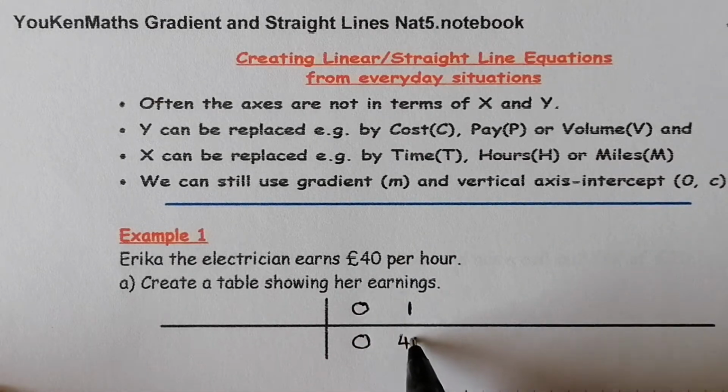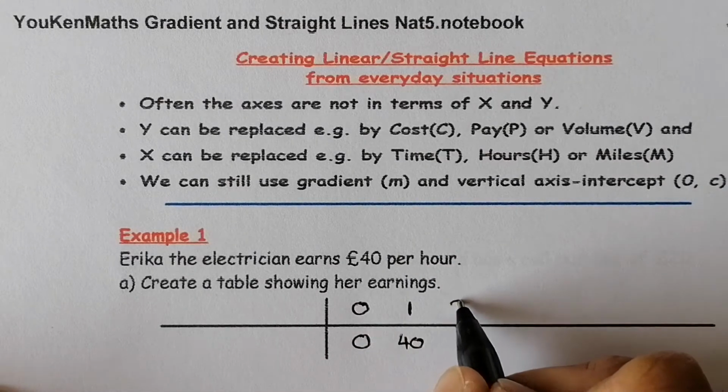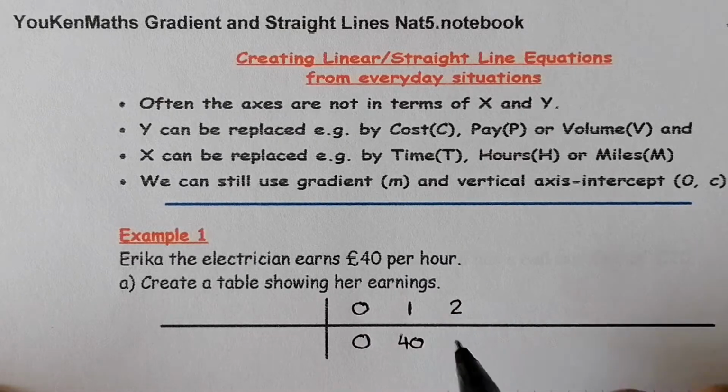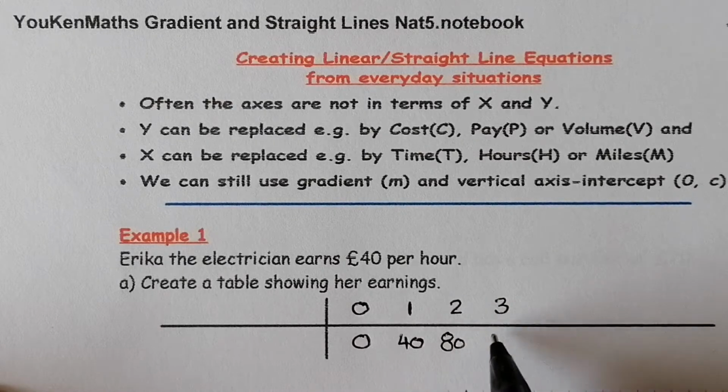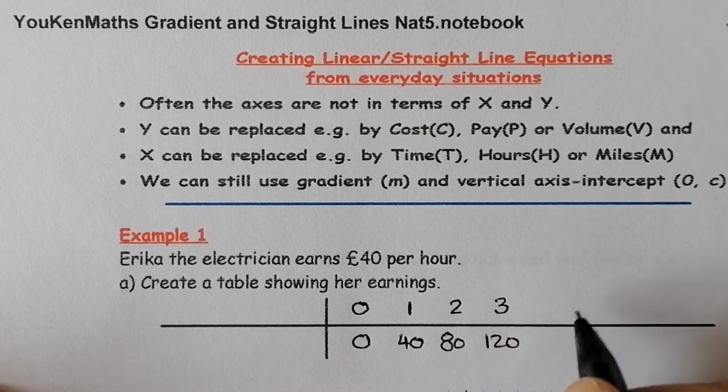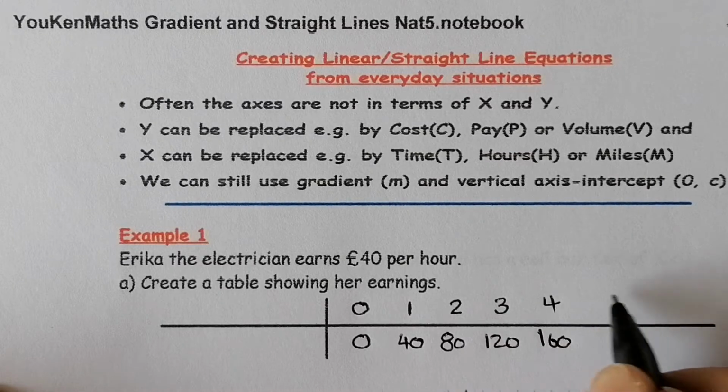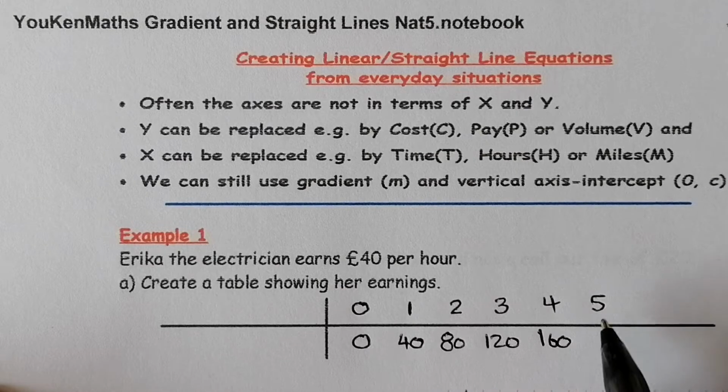If she works for 2 hours, I would expect she would earn another £40, so that would give us 80. For 3 hours, another £40 gives us 120. 4 hours, another 40, up to 160, and then maybe 5 hours, we'll stop there. 5 hours would give us 200.